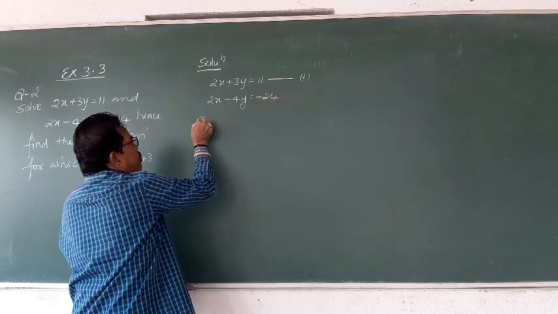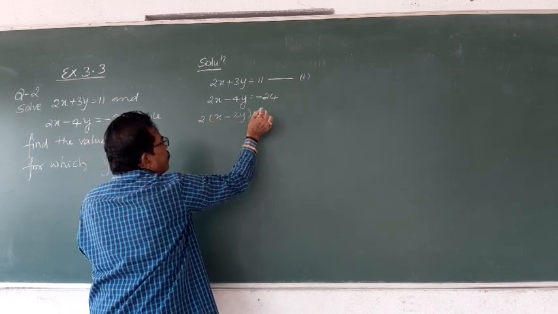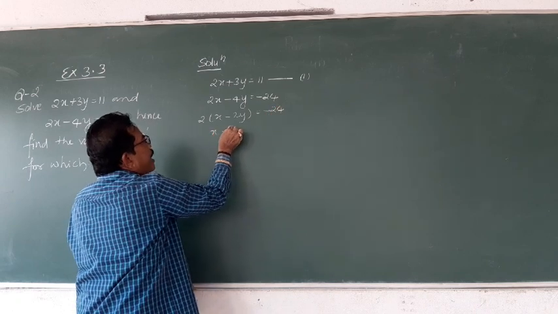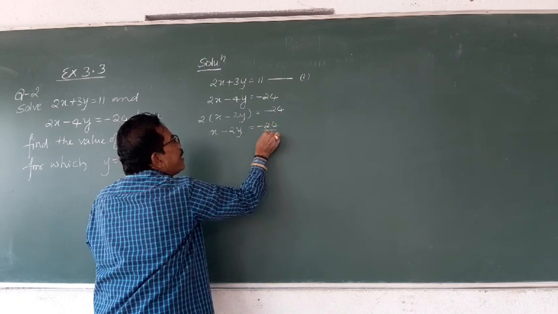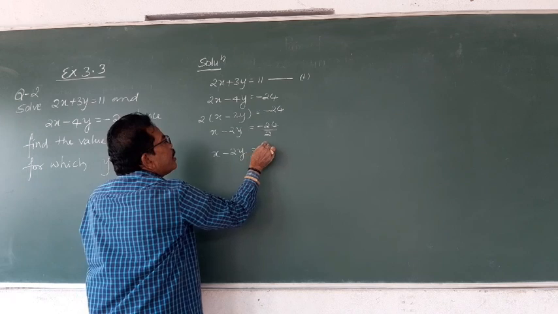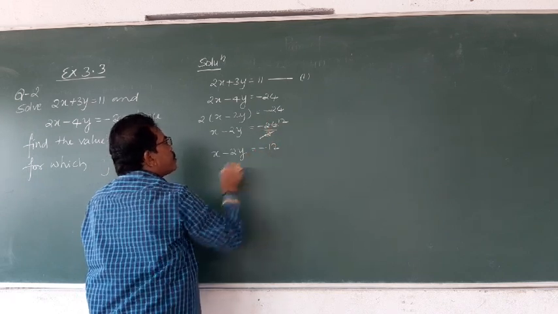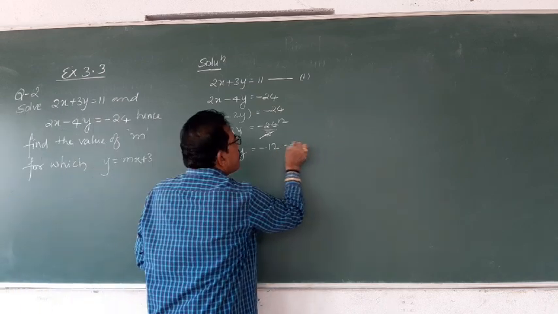Let us modify this one. x minus 2y equals to minus 24 divided by 2. x minus 2y equals to minus 12.